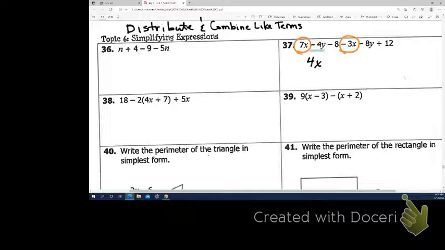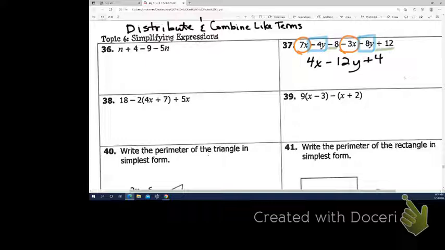Then I've got negative 4y, negative 8y. So negative 12y. And then we have our constants. Negative 8 and positive 12. So plus 4. And then that's done. It's as simplified as possible.